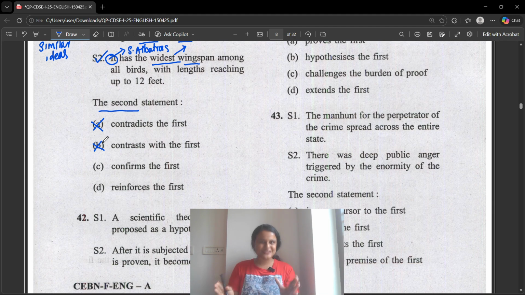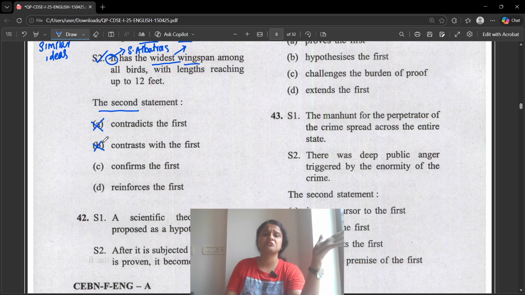The only difference between contradiction and contrast is that in a contradiction, two statements cannot be true at the same time. But in contrast, two statements can be different and can be true and can stay independently on their own. Do not worry, that's not the question here. Anyway, it's not contradiction, it's not contrast.